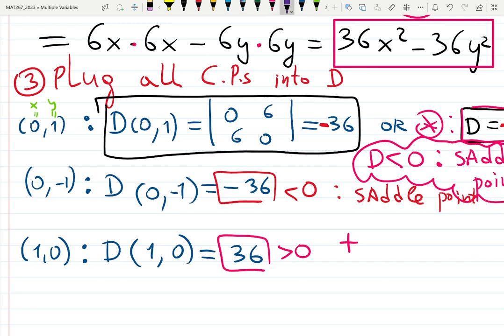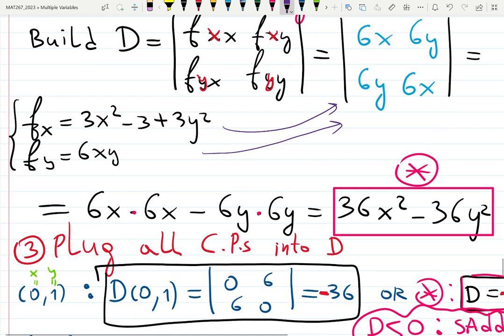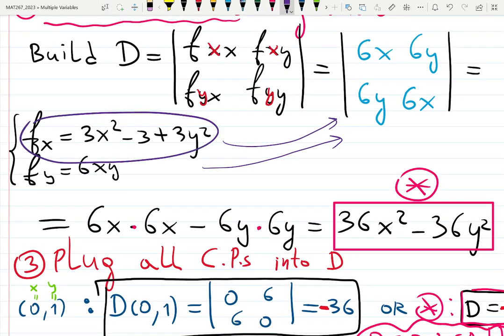Let me change the color. Check. Let me make it fat. Check fxx sign at 1, 0. The sign of fxx now will define it. Well, now I need to go back and find the fxx. I never even solved it. I just put it right away into the determinant.